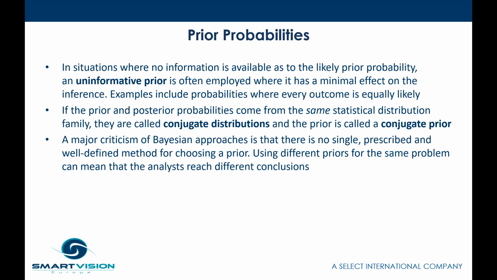Using different priors for the same problem can mean that analysts reach different conclusions. That being said, some people actually think of that as an advantage, because it means that they can play around and do what-if analysis and say, well, let's assume the prior distribution looks like this. It's not normally distributed. It's a little bit skewed in one direction, so maybe it's more like a skewed distribution, like a Poisson distribution or something like that. How does that affect things?